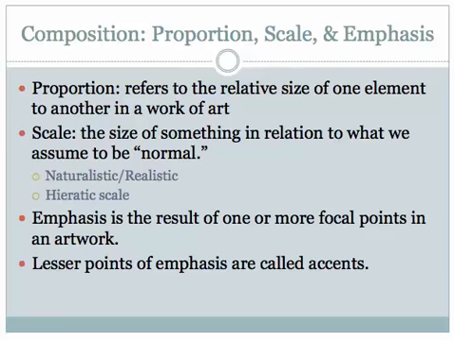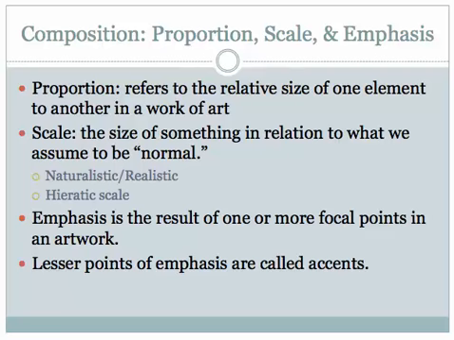Okay. If linear perspective, or one of its many forms, is not present, then we have to ask, why is the artist rendering one object in relationship to another? Is another type of scale, okay, this is the size of something in relation to what we assume to be normal, are they playing with that for a particular reason?